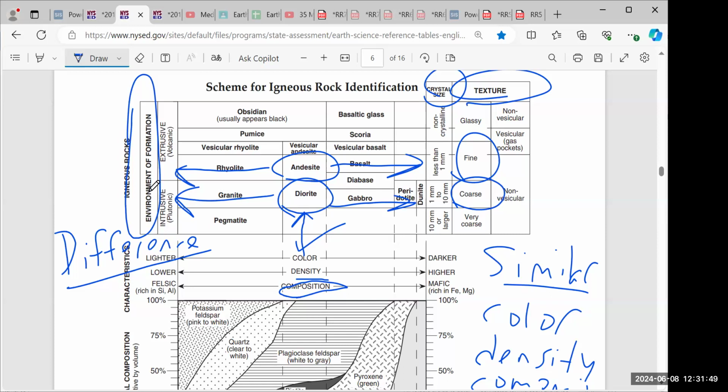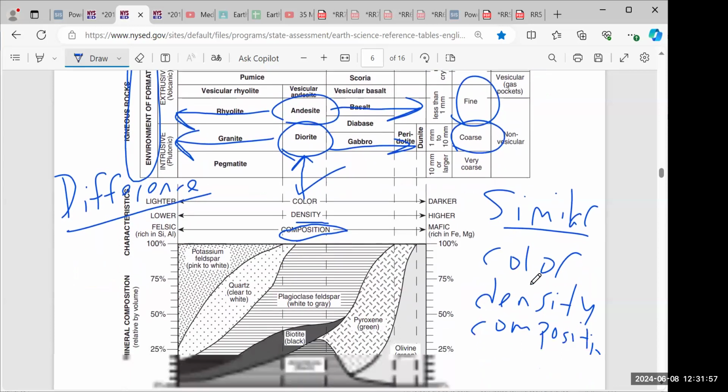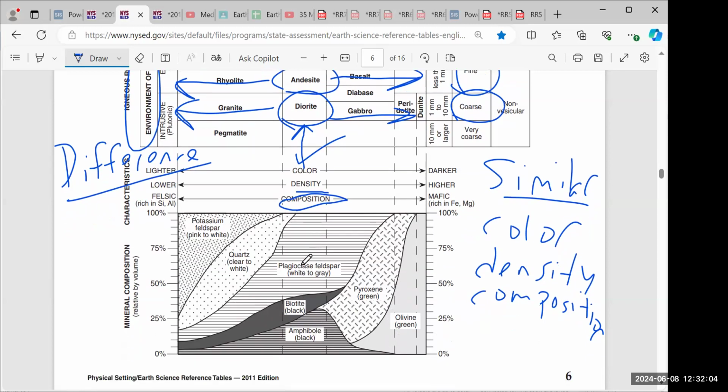So any of these differences will be fine. If you mention environment of formation, crystal size, and texture. Similarity, color, density, composition, right? Even the minerals that they're made up of are similar.